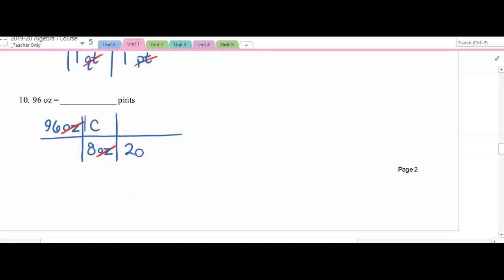So I'm going to put 2 cups on the bottom, so the cups cancel, and 1 pint on top. I got to pints, that was my goal. 96 divided by 8 times 2. 96 on top divided by 16 gives me 6.